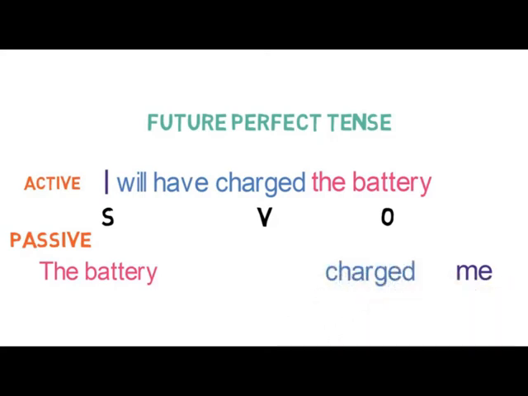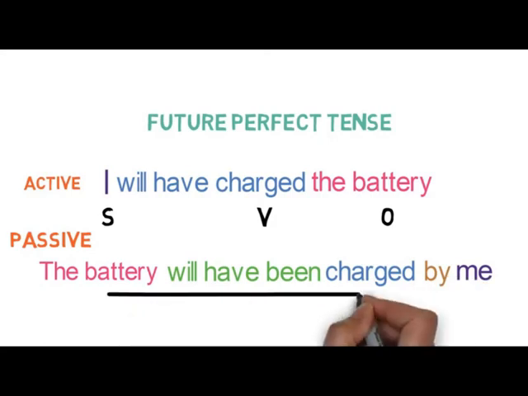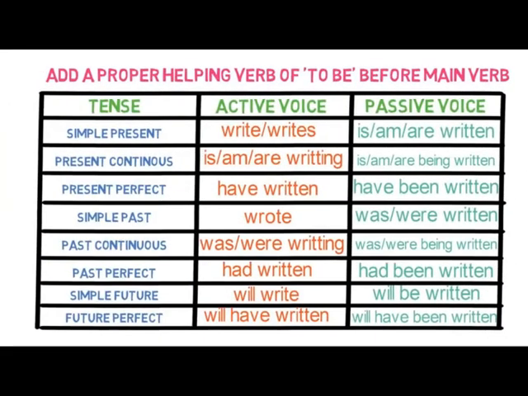We will keep charged as it is because it's already the third conjugation. And we will use the verb to be, will have been, as the tense is future perfect. Don't forget to add by before me. So the sentence will be: the battery will have been charged by me. Again, this is the table that we talked about before, with all the forms of the tenses.